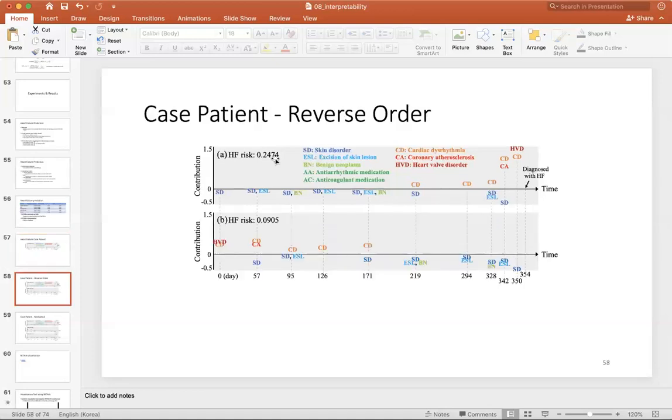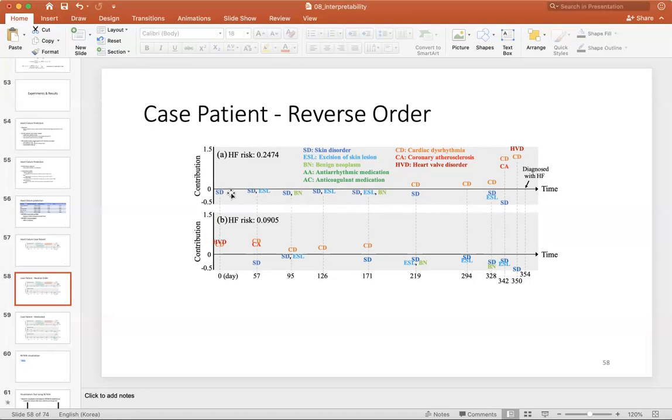What's happening here is I reversed the order of the events, exactly in reverse order. So HVD, CD is in the first time step, and CD, CA, SD in the second time step. The reason I did this tweaking is because I wanted to see if RETAIN is actually considering the temporal information, the sequentiality of the events. And interestingly, it does.